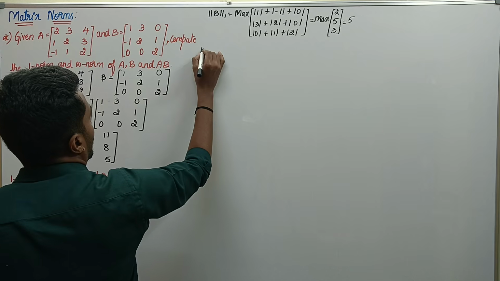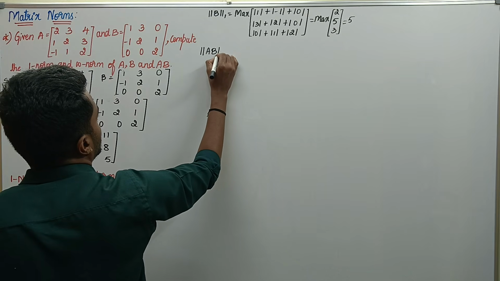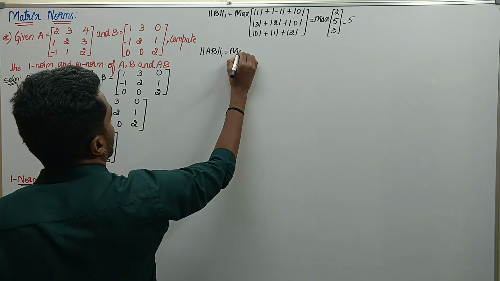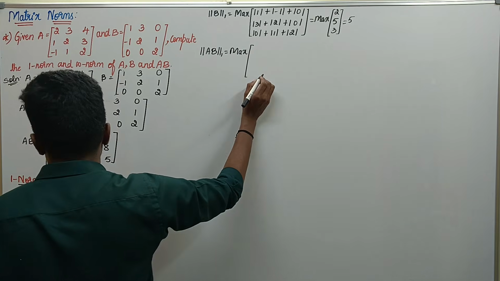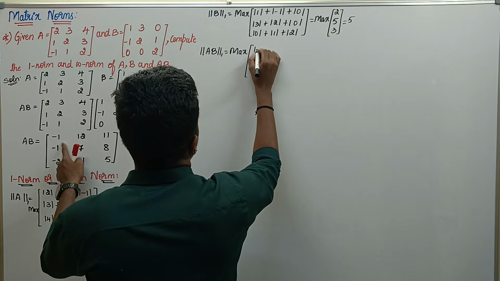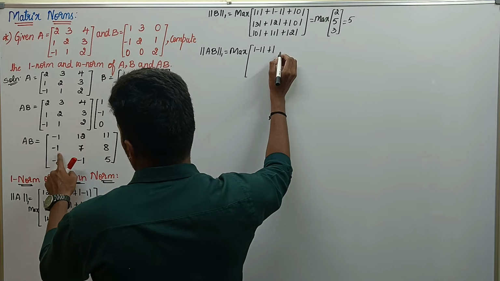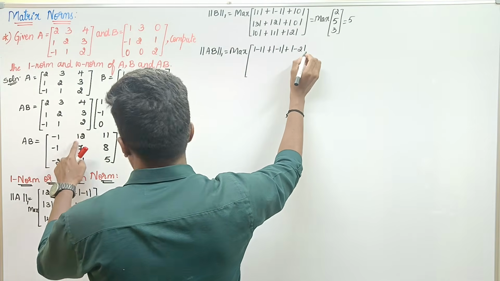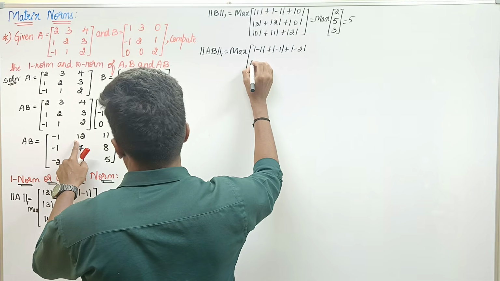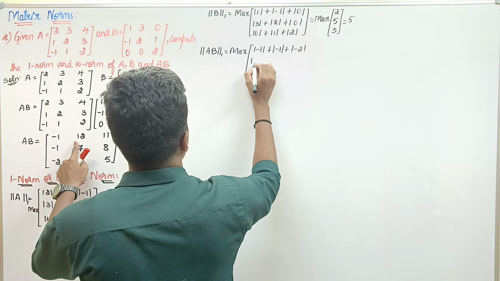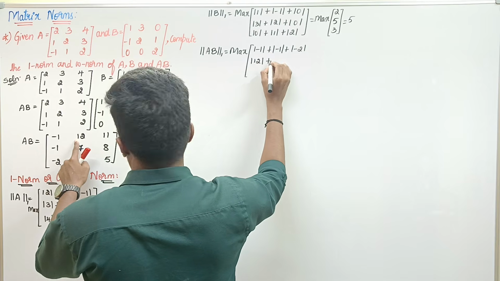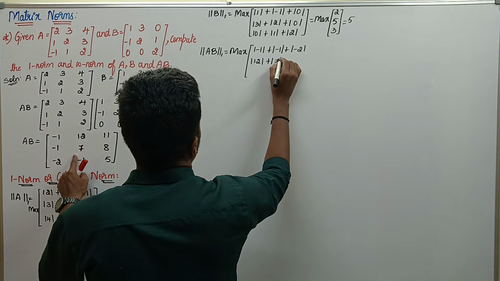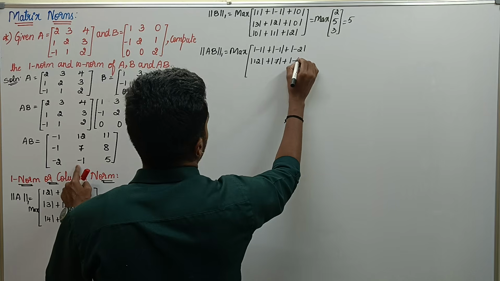Next, norm A into B1, the maximum of the matrix. Again, represent modulus minus 1 plus modulus minus 1 plus modulus minus 2. Next we represent modulus 12 plus modulus 7 plus modulus minus 1.